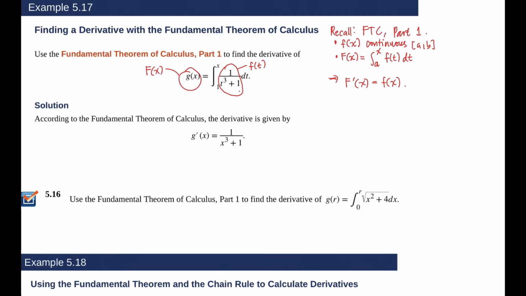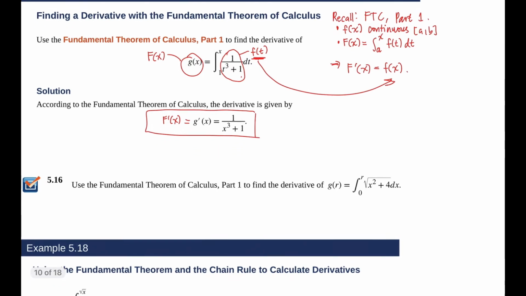So g prime of x should be equal to small f of x, which is 1 over x cubed plus 1.